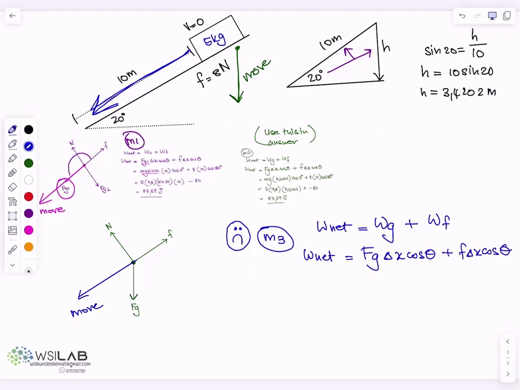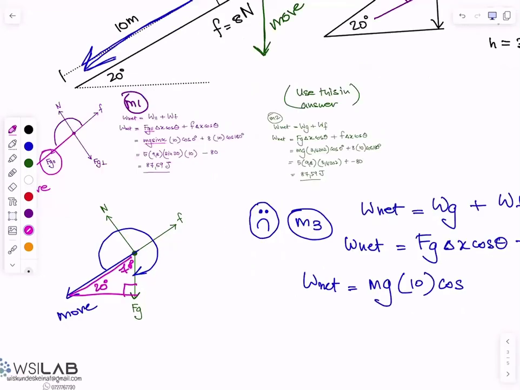Now I'm going to use this angle here. Why? That's the angle between the direction of movement and the Fg component. Okay, so W net is Fg, which is mg, and then the distance is going to be 10 meters because I'm sliding it down, and then I have cos. Now, look at this. If I complete this triangle here with 20 degrees there, this will be 70 degrees if that is 90.